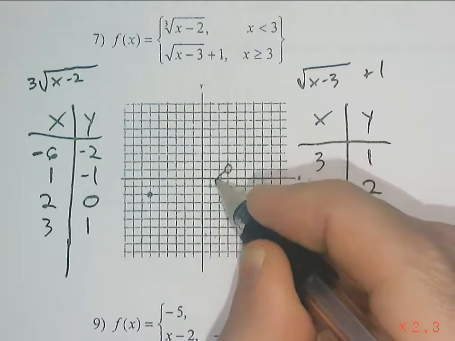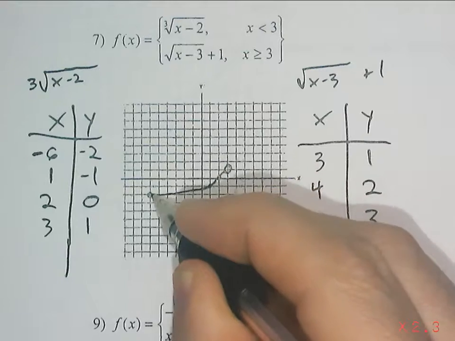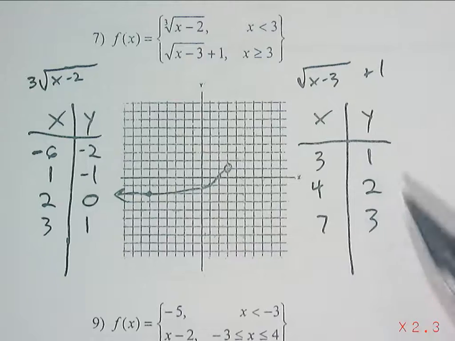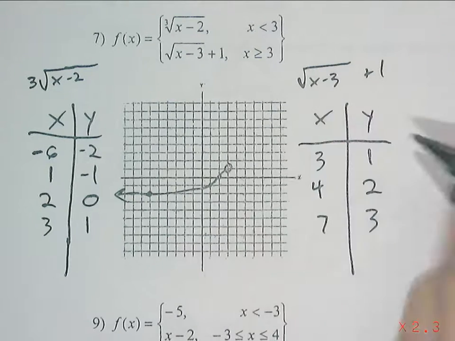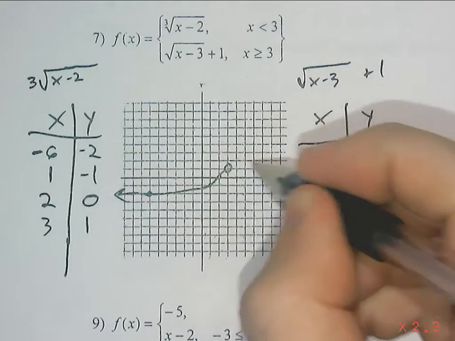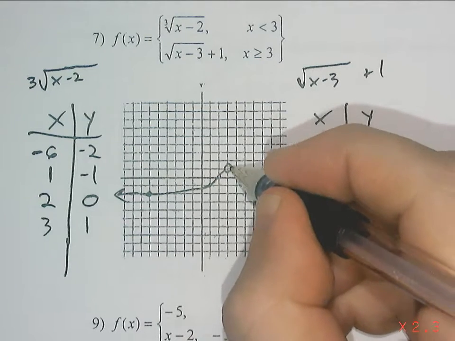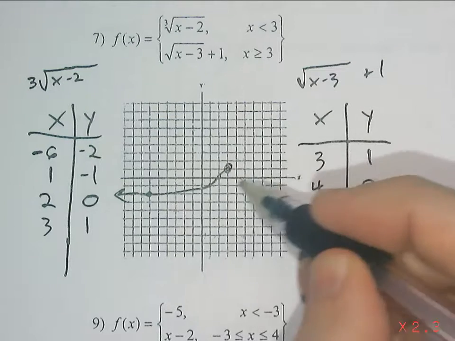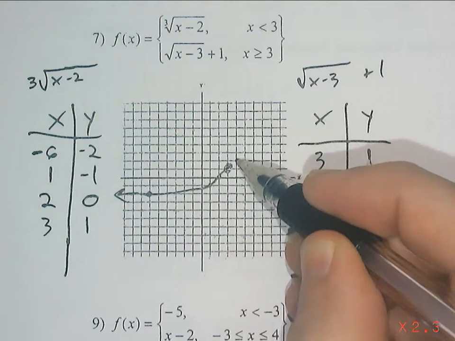So this would be the graph for the first piece of my first problem. And then the second one starts at 3, 1. So this is a dumb graph. So I am going to have a closed circle here. It does continue. And then it'd be 4, 2.